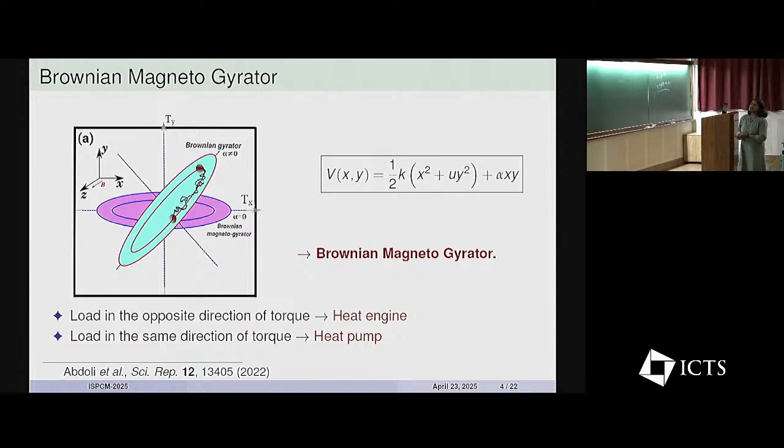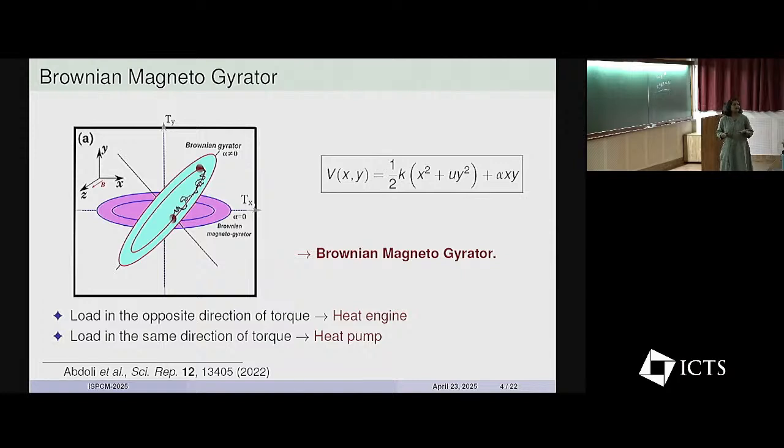What they observed is that when loading the system in a direction opposite to that of the torque, the system can work as a heat engine, while loading the system in the same direction as the torque, it can work as a heat pump.